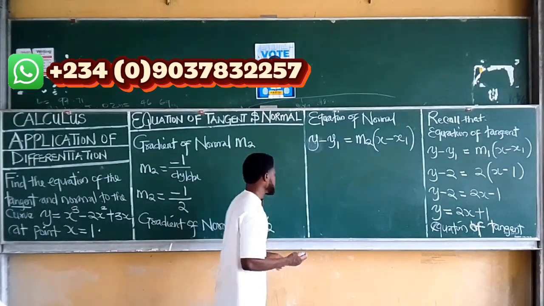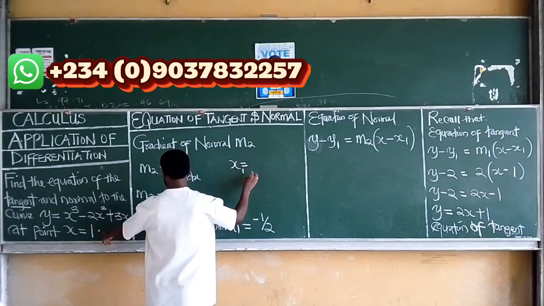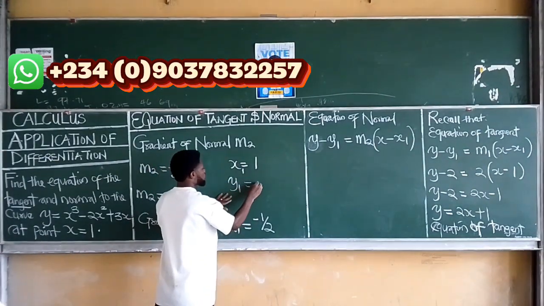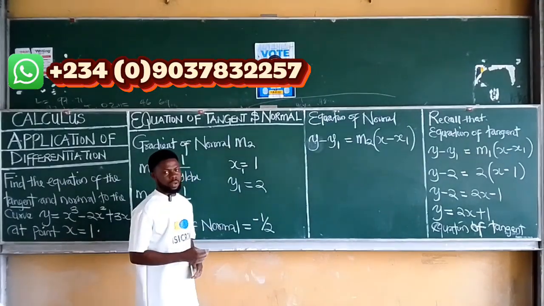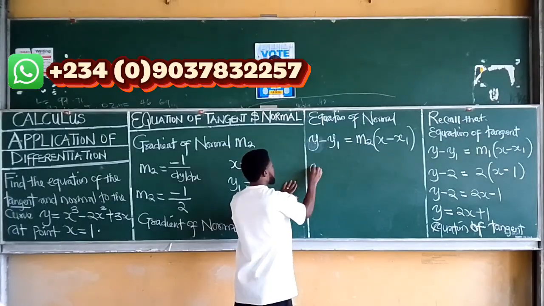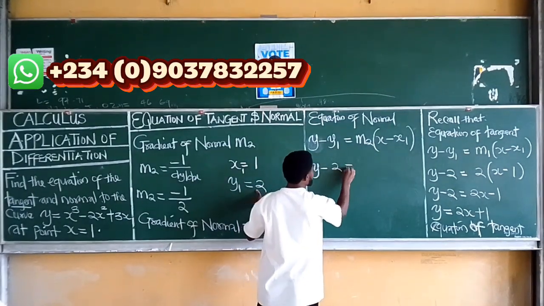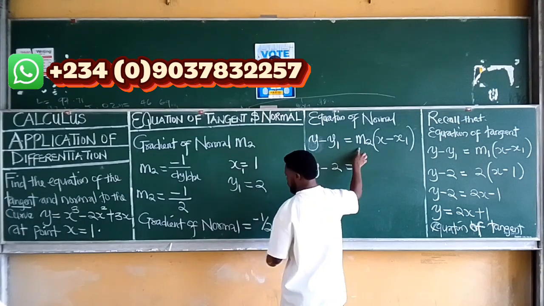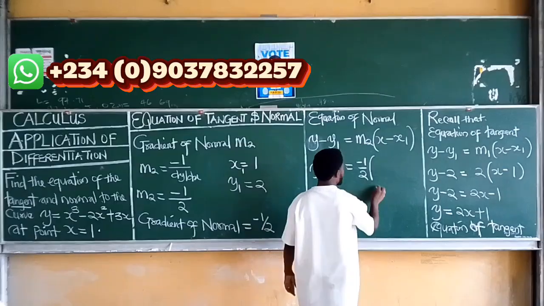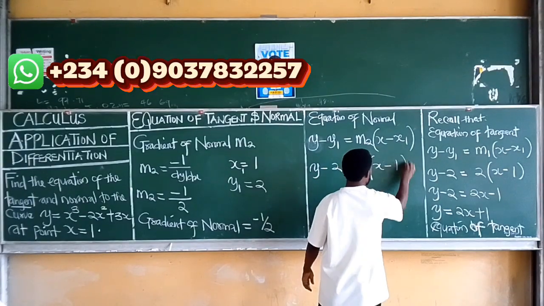Now note that x1 is equal to 1 and y1 is equal to 2, which has already been determined from our previous solving. So by substitution, y minus 2 is equal to the gradient of the normal, minus 1 over 2, bracket open, x minus x1, which is 1.